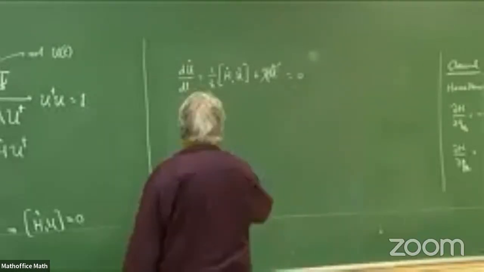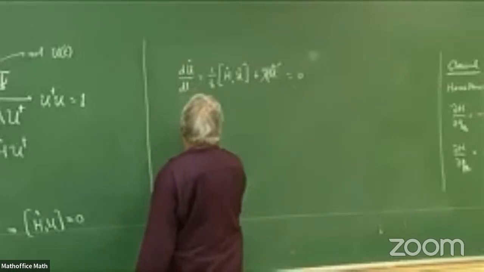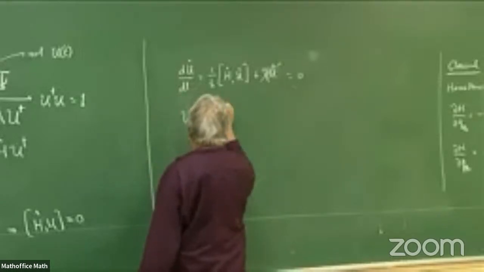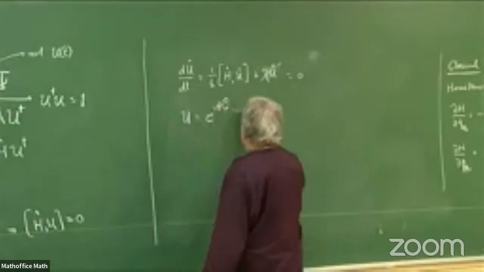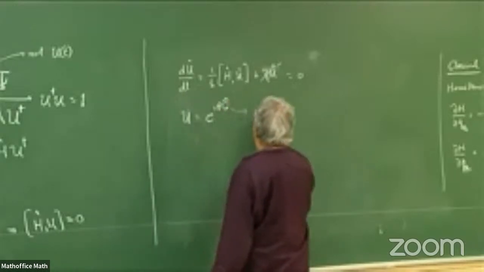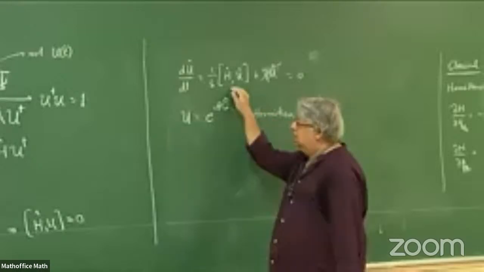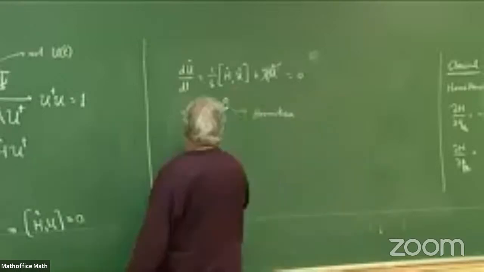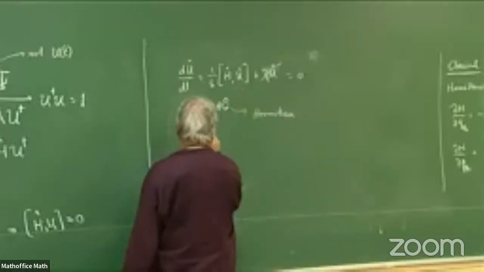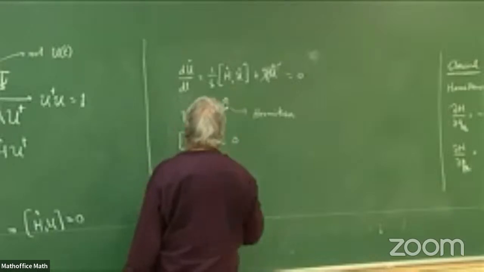However, there's nothing to stop me from writing U as e to the i times some real number times some G. For this G, the commutator with H is 0.